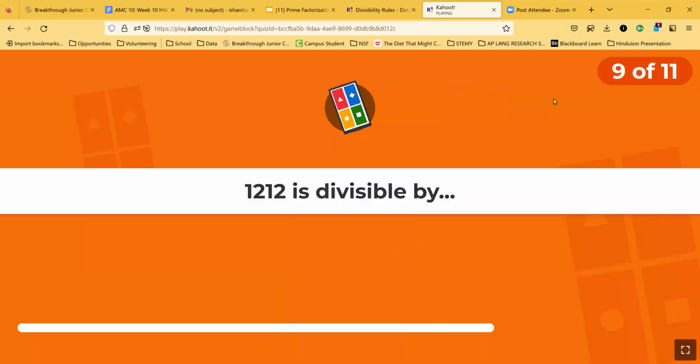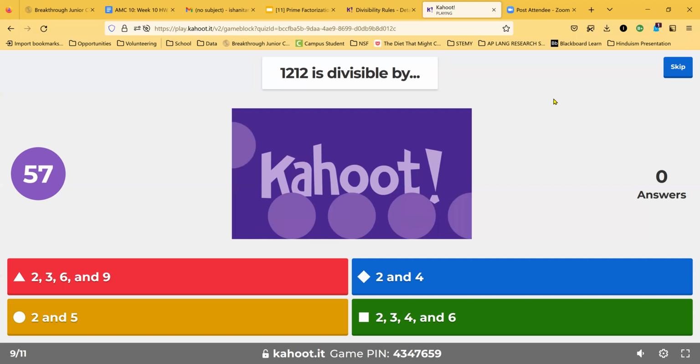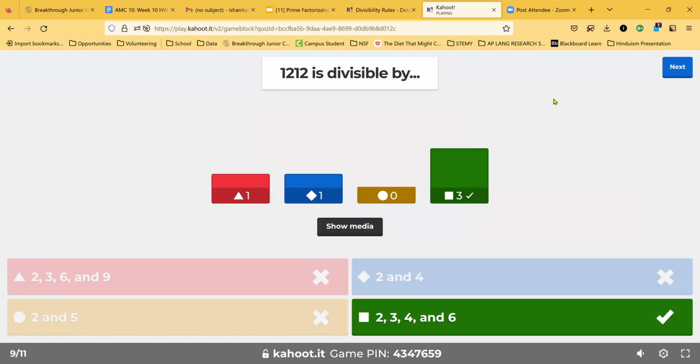1, 2, 1, 2 is divisible by. Okay, yeah, it is green. 1, 2, 1, 2 is divisible by 2 and 4, obviously.